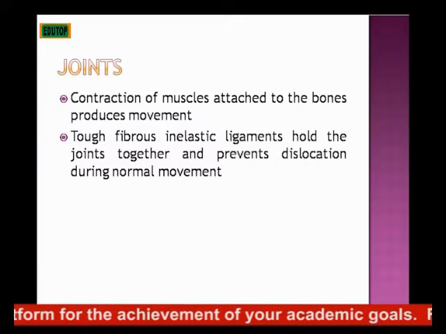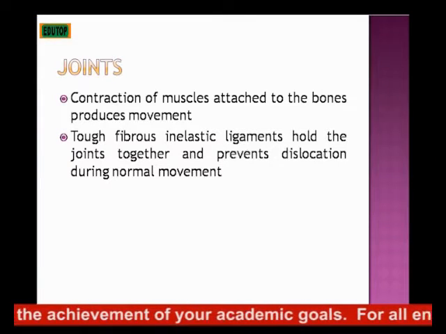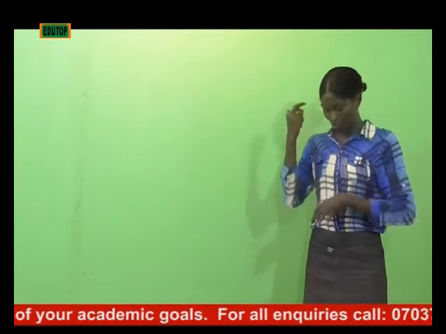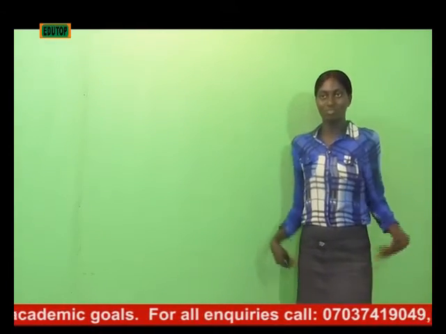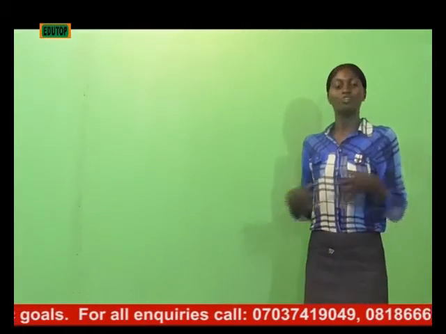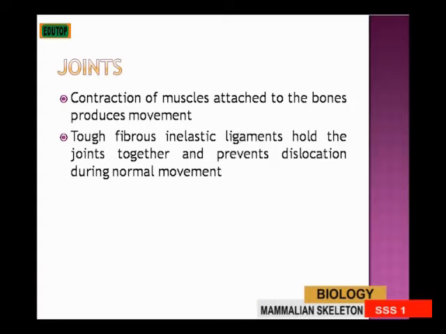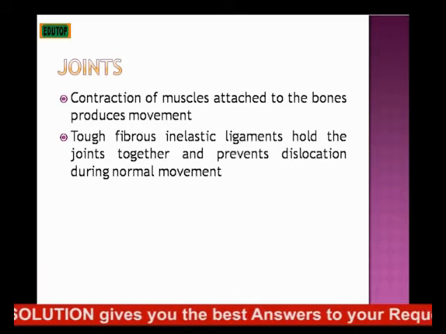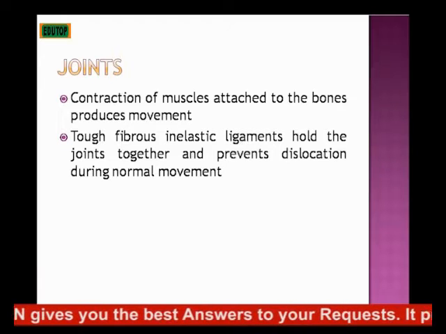There are muscles attached to the bones, and when they contract, movement is produced. Also, tough, fibrous, inelastic ligaments hold the joints together and prevent dislocation during normal movements.